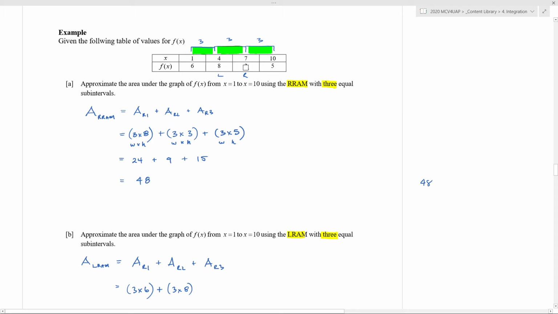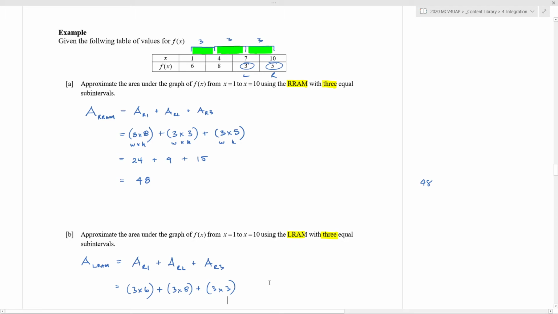Then I shift to my last rectangle, and my y values are either 3 or 5. That's left, that's right. I'm going to choose 3 as the height because 3 would be on the left. 5 would have been on the right. Again, this is width times height, width times height, width times height.